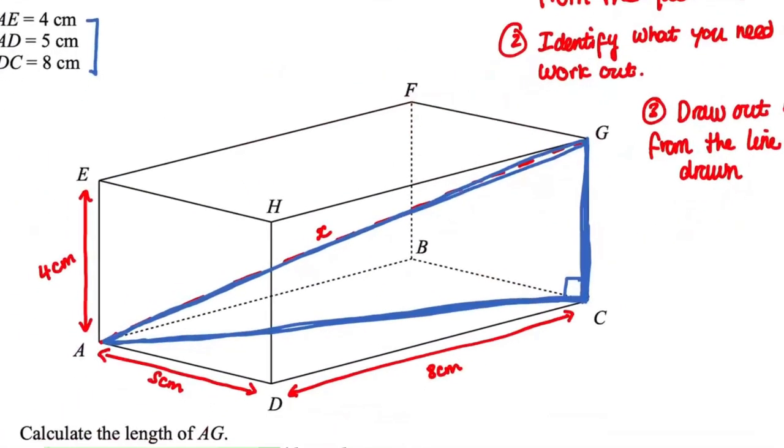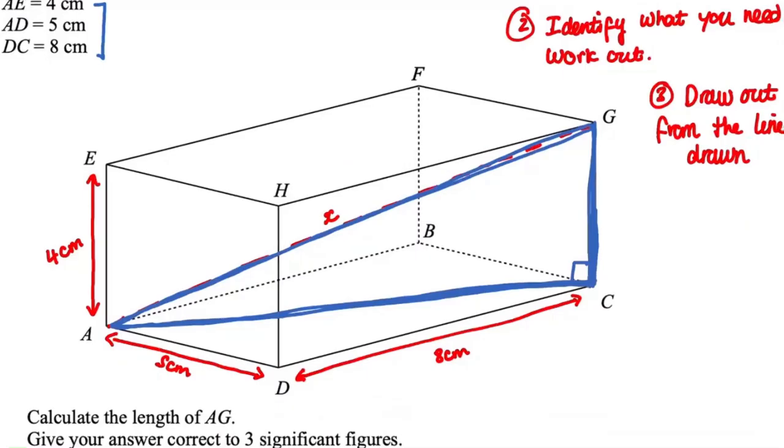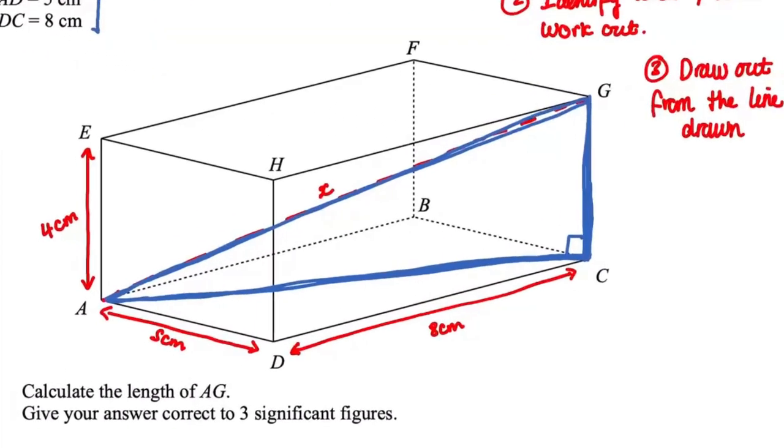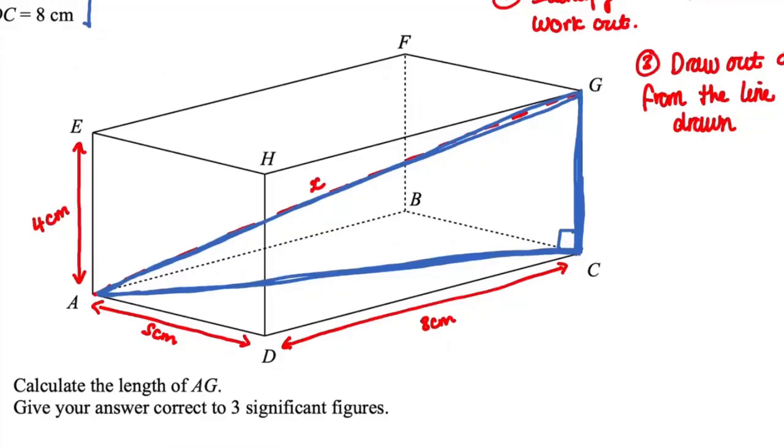So this line that I've labeled X, I use that line to draw myself a right angle triangle, so I can work out what that missing line is. Now once we've drawn that right angle triangle, we can label a few other things. We know that this length is 4 centimeters. So that means this length over here must also be 4 centimeters.